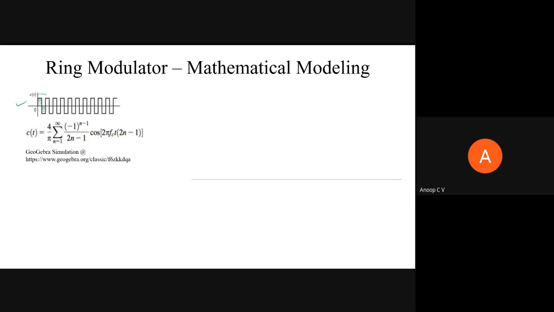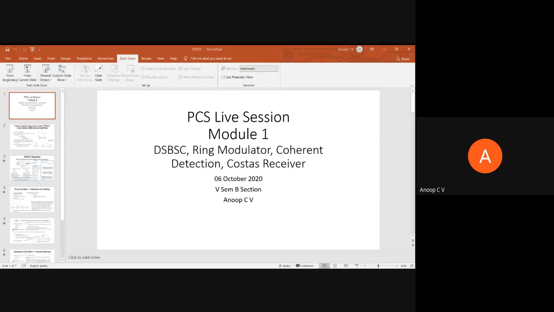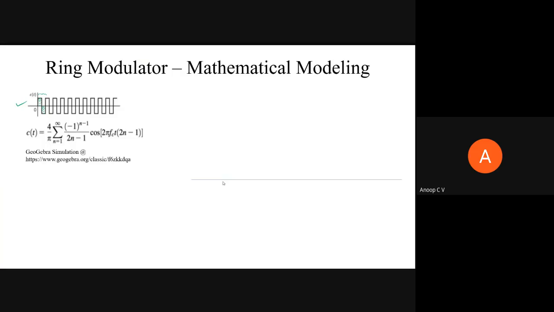Samarth has answered it rightly: it will be equal to 0. There is no DC term, so you can see there is no A0 term here. Only what we have is odd harmonics of sinusoids.